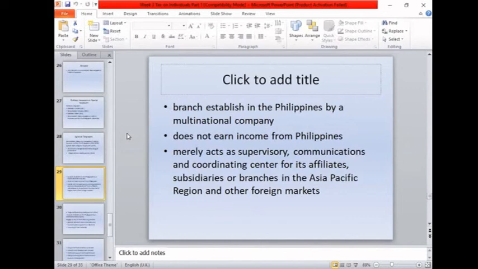Okay, and also acts as a supervisory, communications, and coordinating center for its affiliates, subsidiaries, or branches in the Asia-Pacific region and other foreign markets. So what are those special taxpayers? It means that those are the taxpayers that are subject to special tax. They have a separate special tax to be filed, and we will tackle it later on in the corporate income tax.